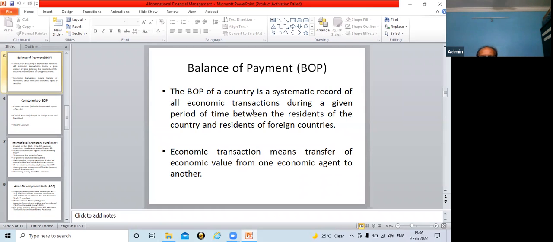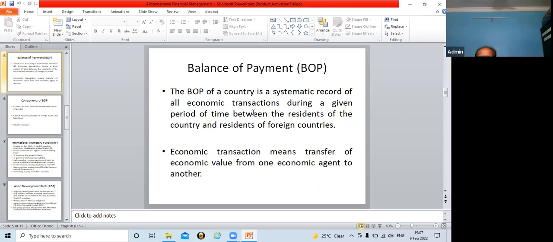Balance of payment, it is the systematic record of economic transactions between a resident of country and the rest of world. I repeat, it is the systematic record of economic transactions between a resident of country and the rest of world.